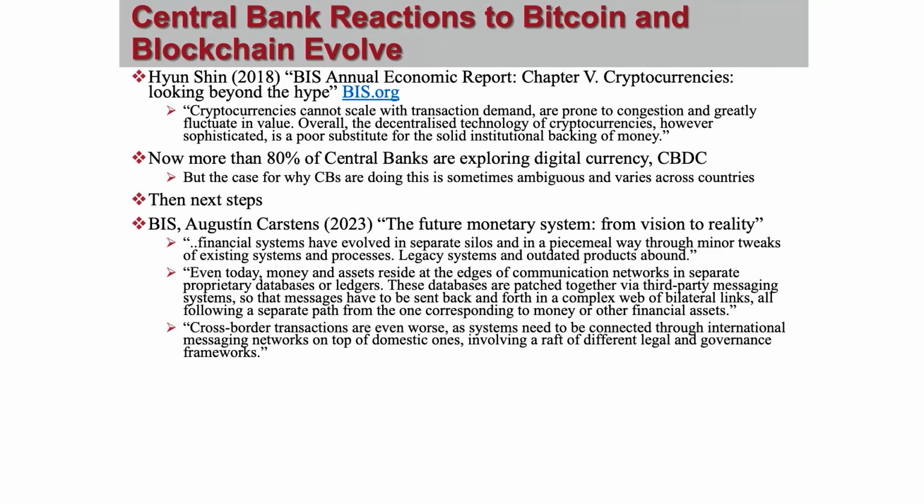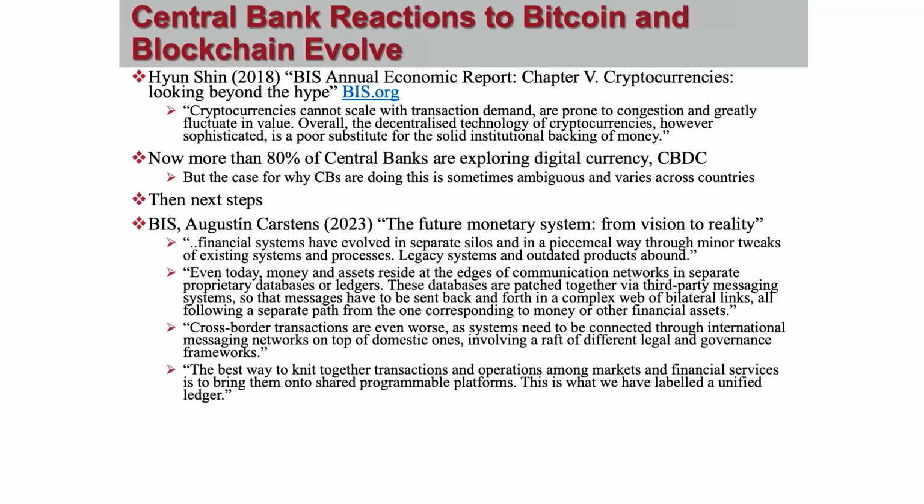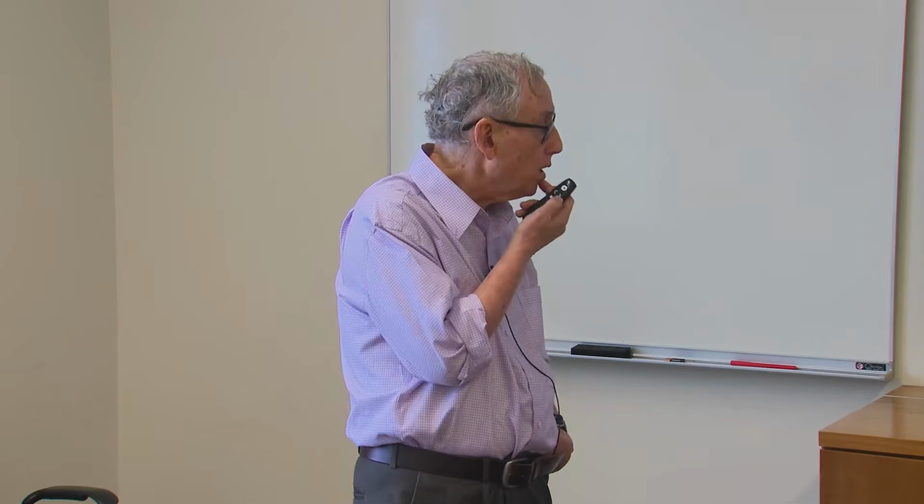Cross-border transactions are even worse. The best way to knit together transactions and operations among markets and financial services is to bring them into a shared programmable platform. This is what the paper labels as a unified ledger.